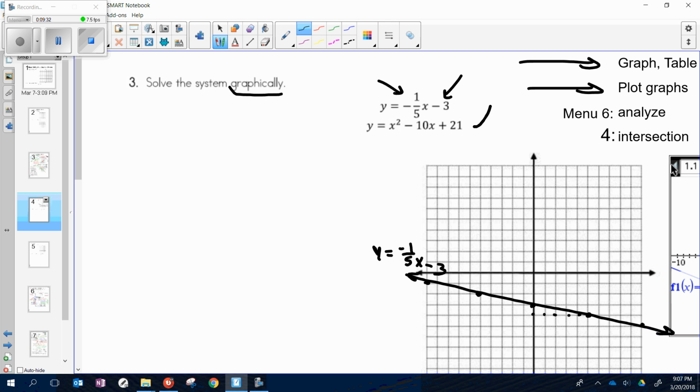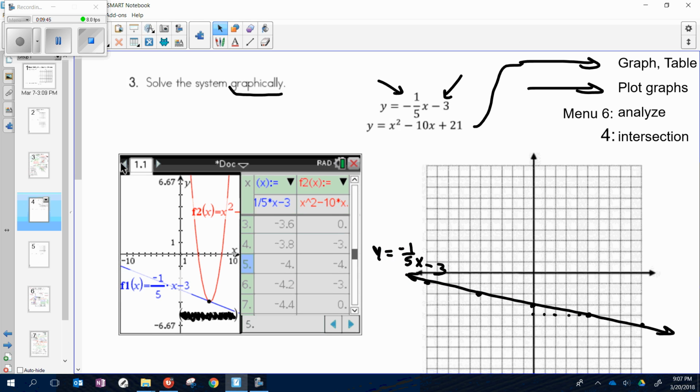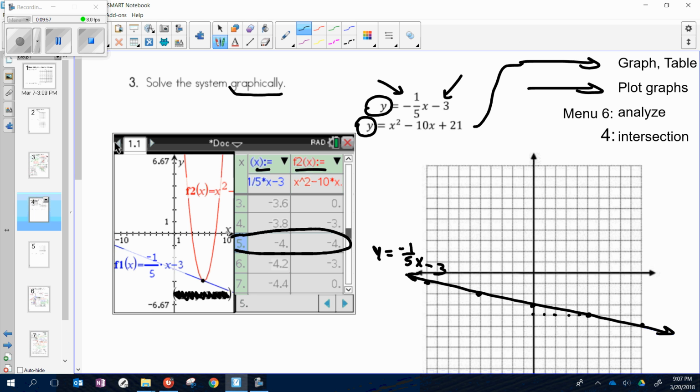I would do this one definitely by going to a graph and making a table and plotting the points, and then using analyze intersection. So again, graphically it would look like this. When you can solve them both for y, you can enter them as functions, and you can see what value gives you the same y value.